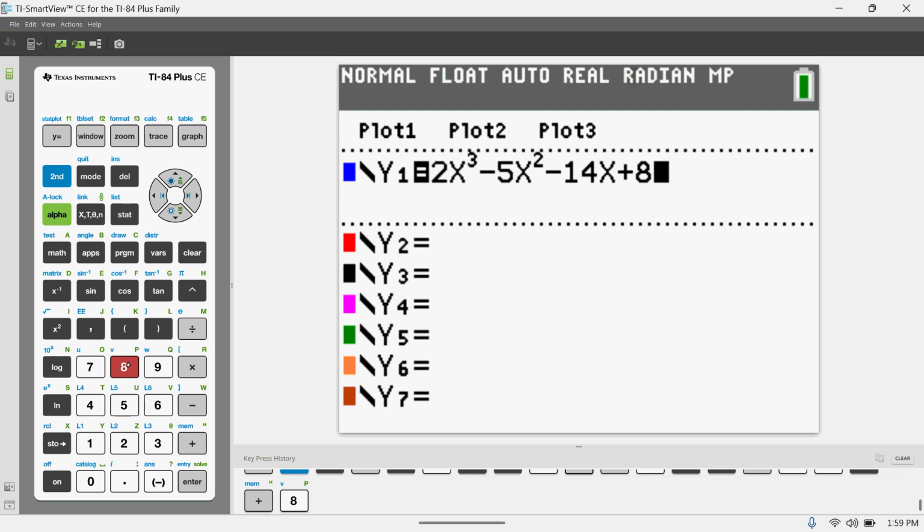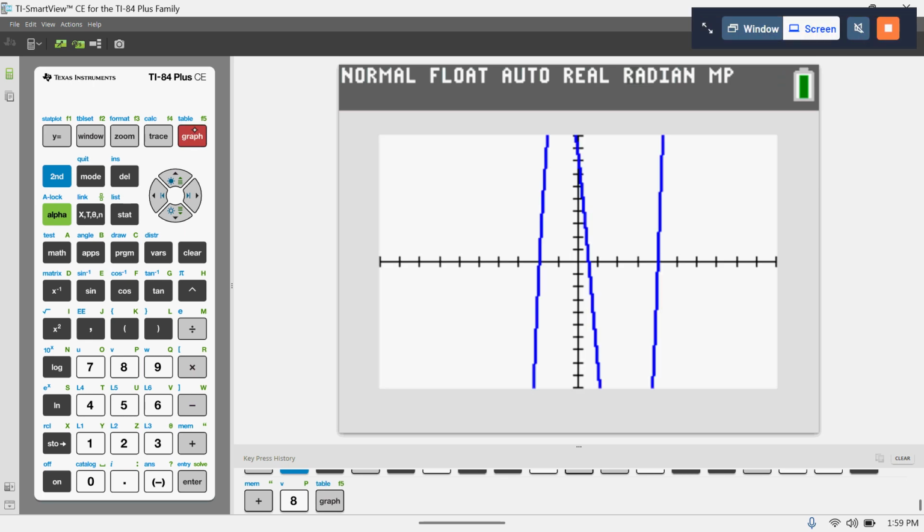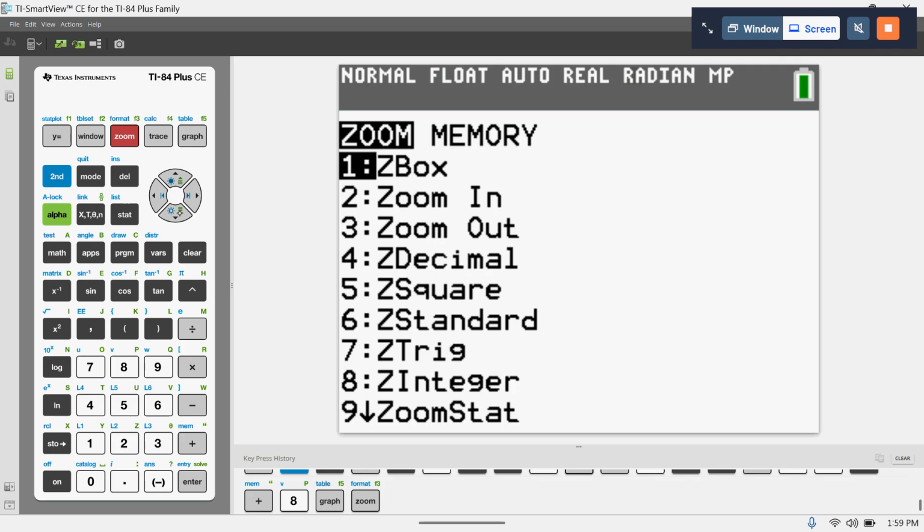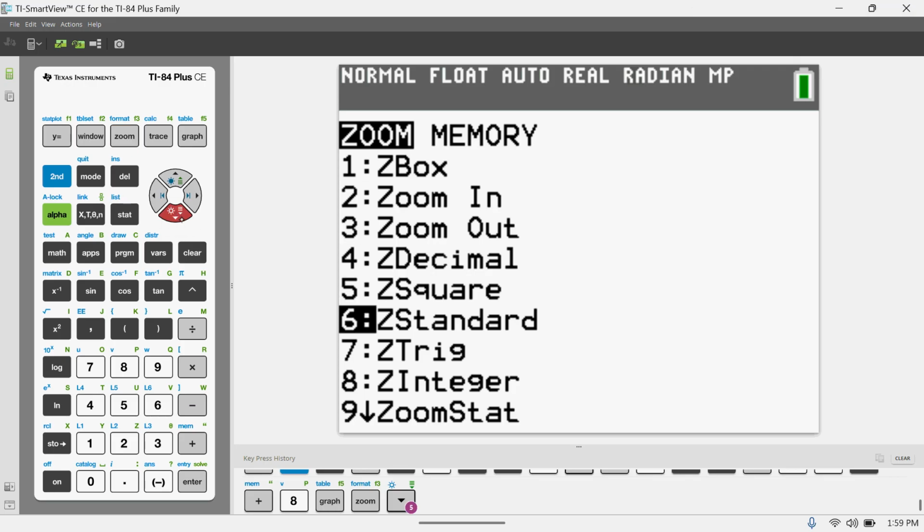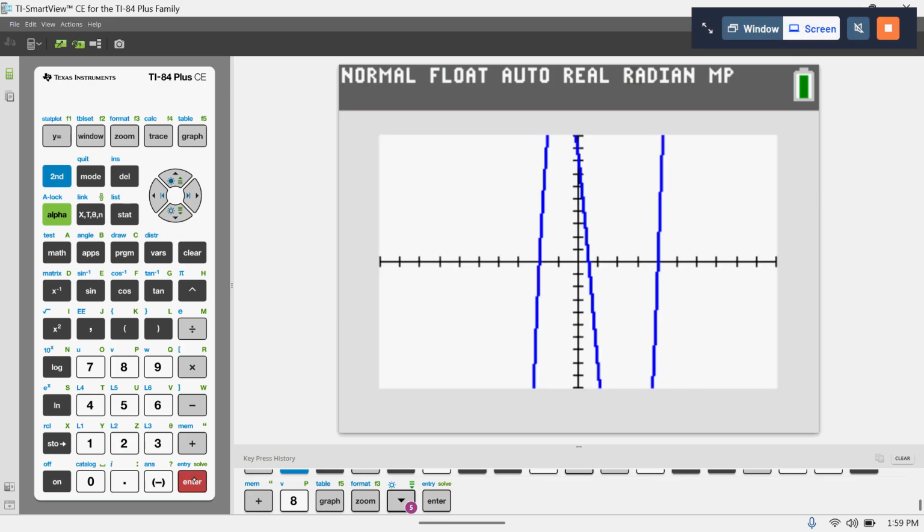Remember, guys, maybe graph works, but if it doesn't, hit zoom and number 6, remember that makes it a standard window so that it goes from -10 to 10, and each little notch is 1. So it makes it easier to see where it looks like it crosses the x-axis, maybe -2, and that's one of the things that was in our list, right?